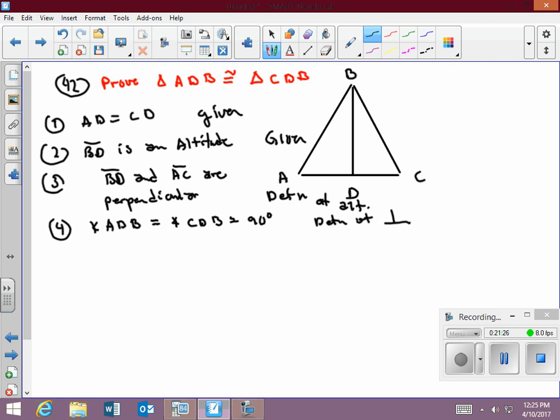Now, you're going to have to do something with this right here, because you don't have congruence. You're going to have to say AD is congruent to CD. AD is congruent to CD, by the definition of equality of equal lines.